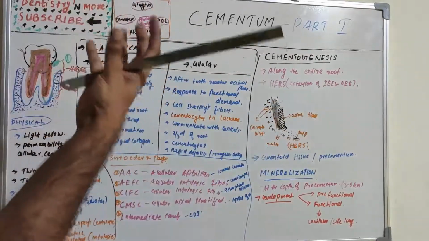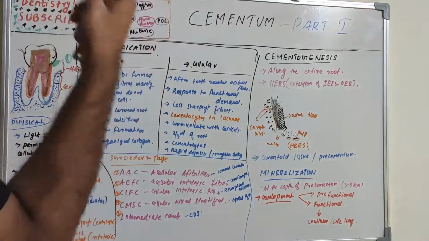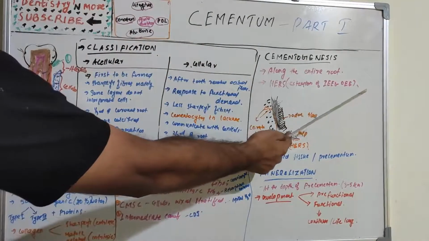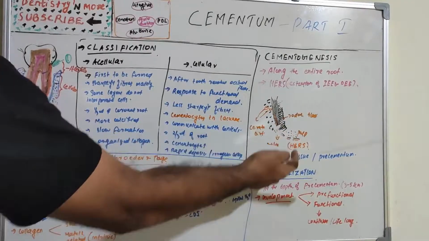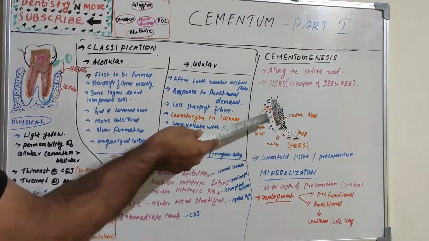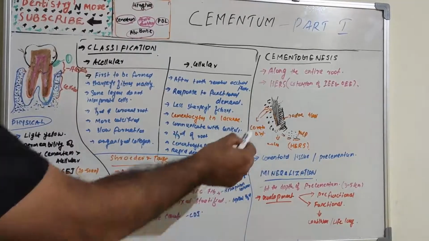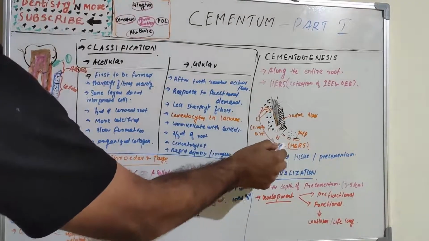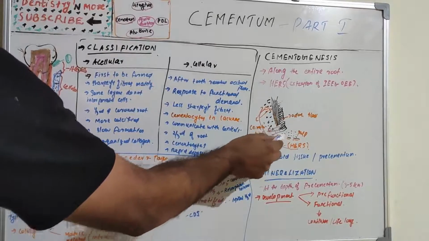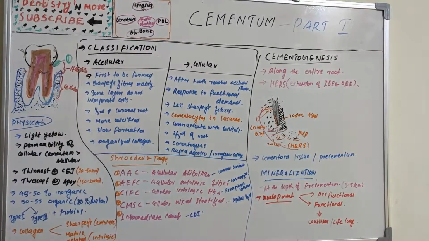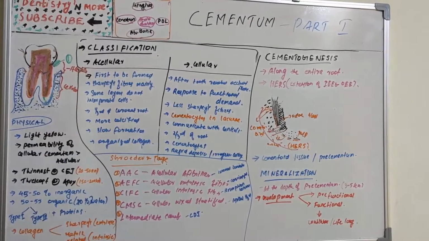Hope you remember that bell stage: inside dental papilla, outside dental follicle or dental sac. So after Hertwig's epithelial root sheath breaks and it becomes epithelial rests of Malassez, the follicle which is present outside will come in contact with the predentine. So once it contacts the predentine, what happens?